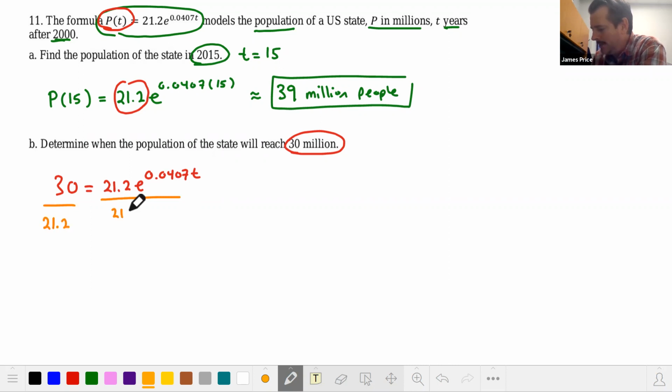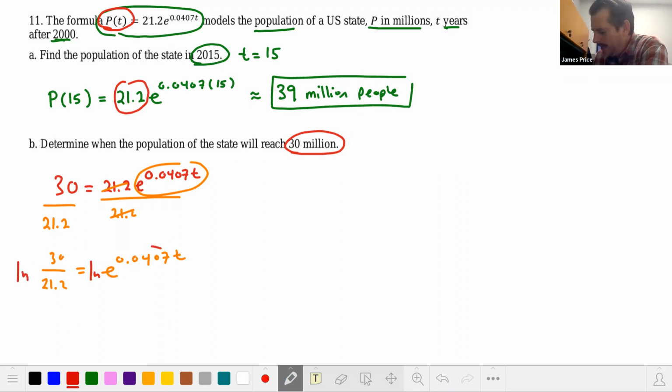We're trying to get this stuff by itself, basically. And so what do we have then? We get 30 divided by 21.2 equal to, 21.2 is going to cancel on the right. And so we just have e to the 0.0407 T. And then we can ln both sides.